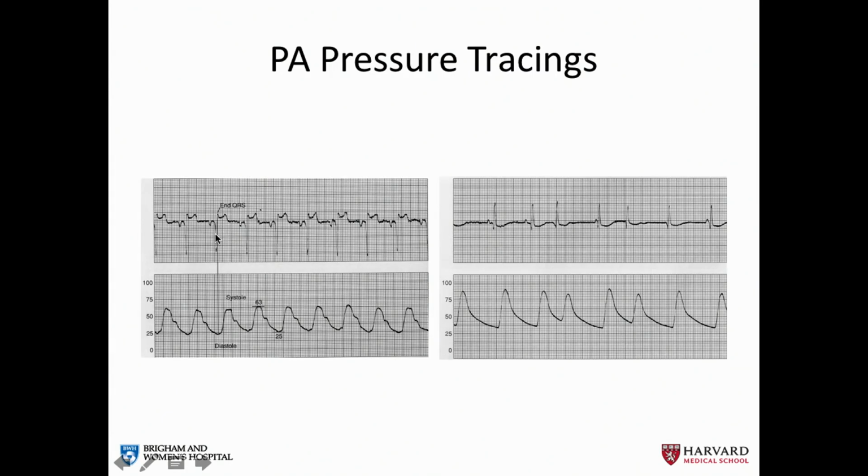So you can see here the QRS should line up with the beginning of the systolic upstroke of the pulmonary artery pressure waveform. This is just another example of a pulmonary artery tracing, and this just shows you the effect of an extrasystole here, which results in some decreased filling, which is reflected in the decreased size of the waveform.